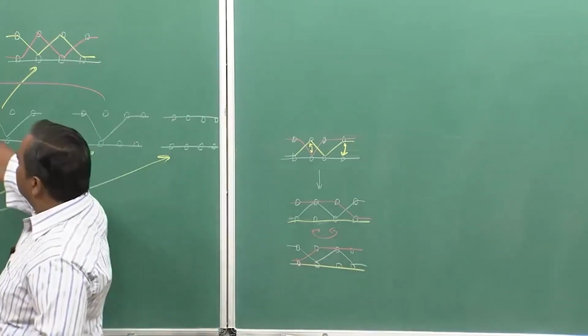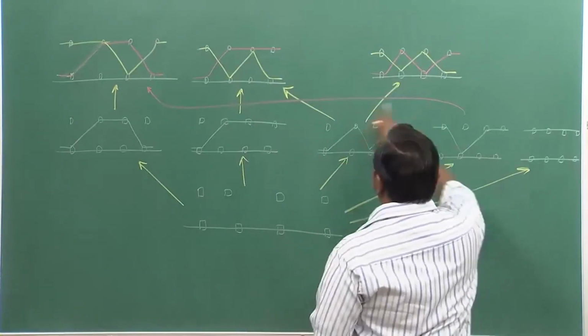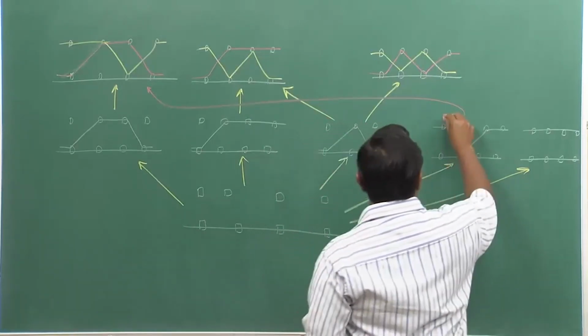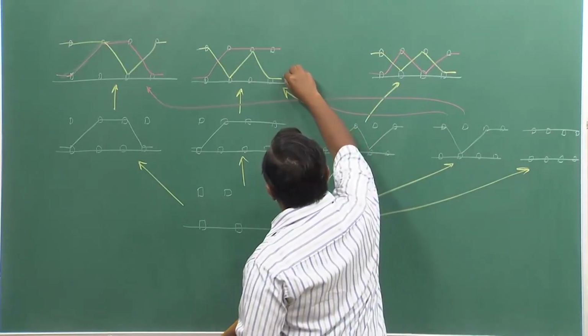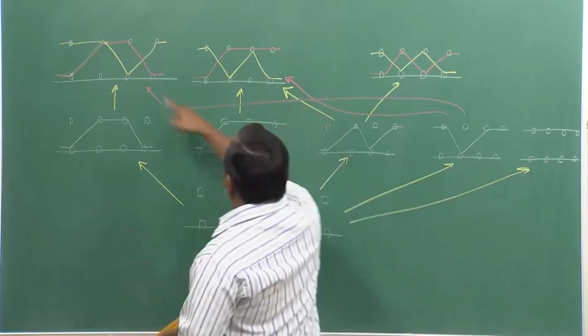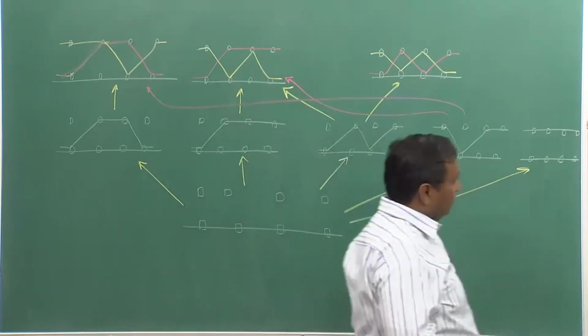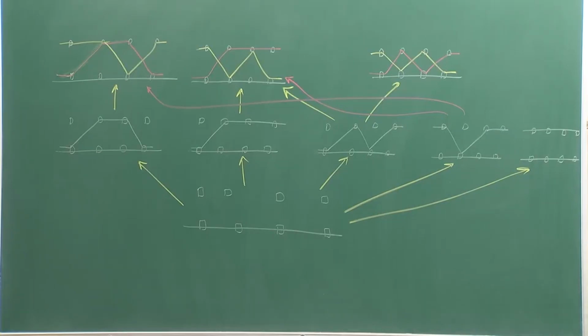And this is the same as this one. So, from here also I can reach there. So, you can come here, you can come here. So, have I exhausted all the possibilities?